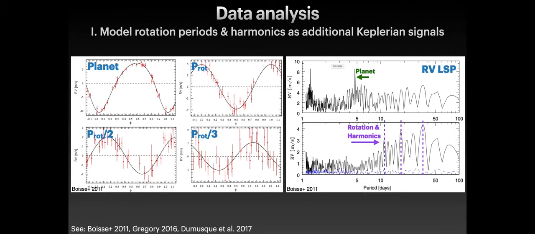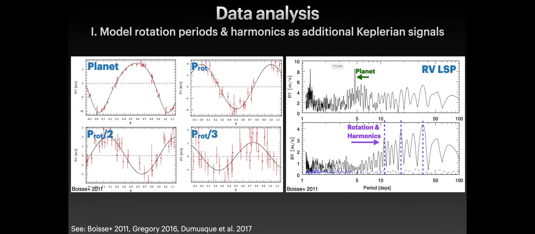So in the example shown here for Gliese 674, the most prominent peak in the initial periodogram shown in the top is due to a planetary signal. But the 3 additional signals that show up after you fit out that planet and look at the residuals periodogram are all due to the star's rotation or the harmonics thereof.